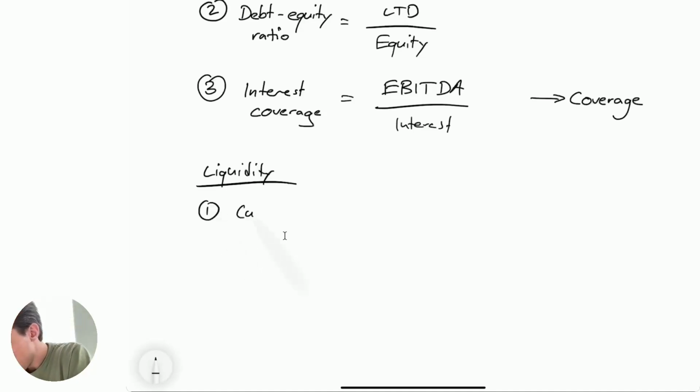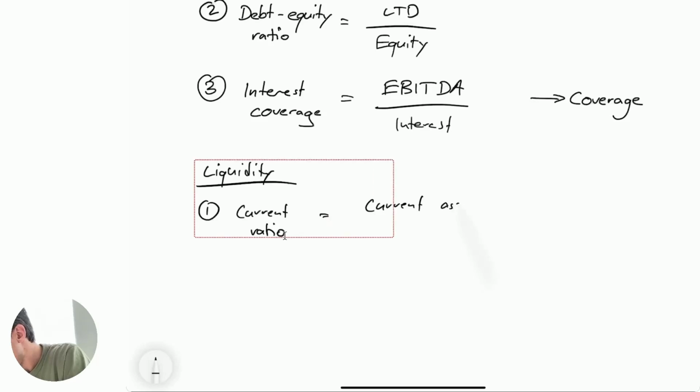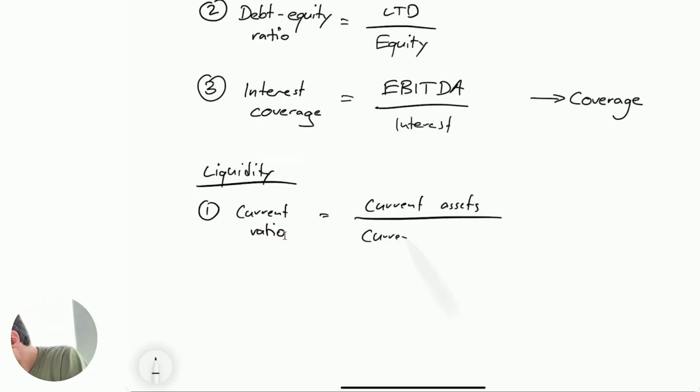First, current ratio equals current assets over current liabilities. Measures the margin liquidity, how assets can be readily be turned into cash.